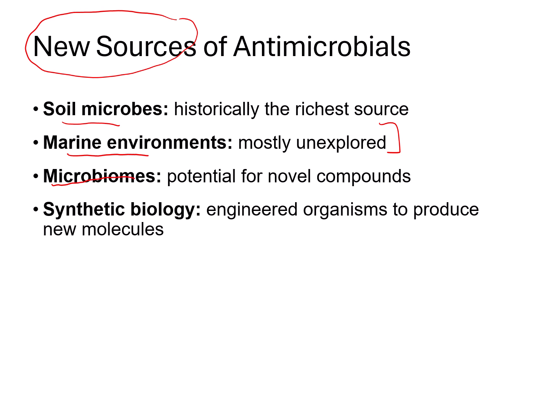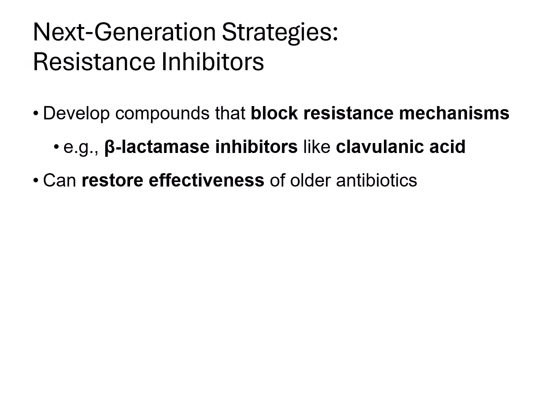Microbiomes, such as the human microbiome, or synthetic biology, where engineered microbes can produce novel compounds for us. Next generation strategies also focus on resistance inhibitors, like beta-lactamase blockers that might restore the function of older antimicrobial drugs. For instance, we talked about using clavulanic acid along with amoxicillin to prevent resistance.